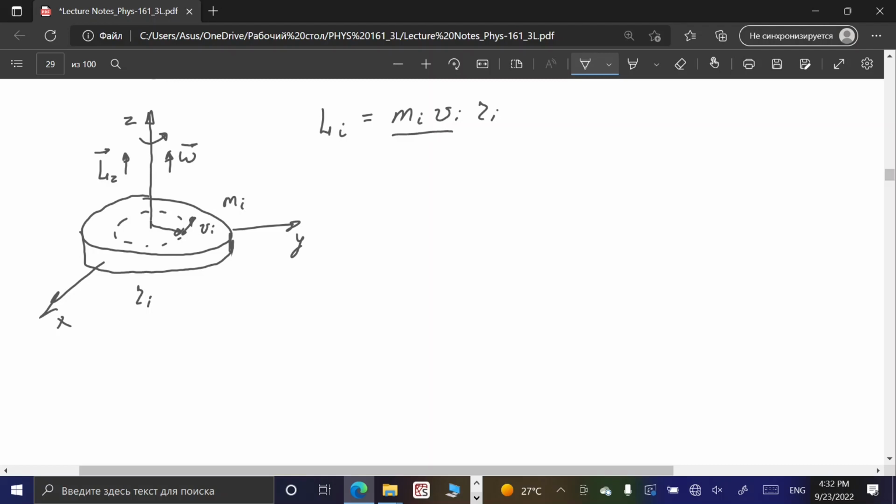So this is just a linear momentum, and this is the distance of this point with respect to the axis of rotation. Now we remember that linear velocity can be expressed as the product of r_i times omega. So that will be m_i times r_i, and instead of v_i we get r_i times omega. So we end up with m_i times r_i squared times omega. Omega comes without index i because it is a rigid body, and that means that omega is the same for any point.